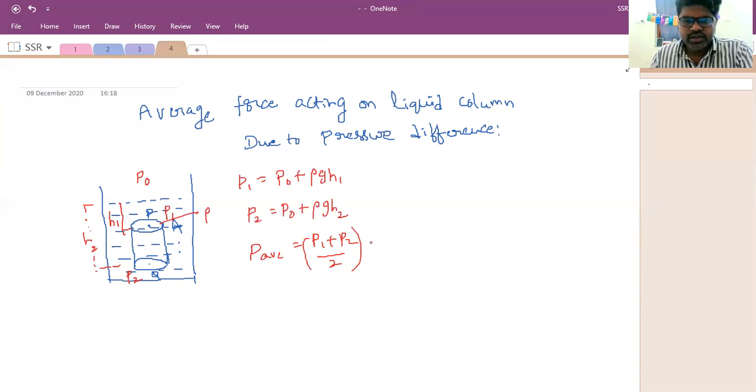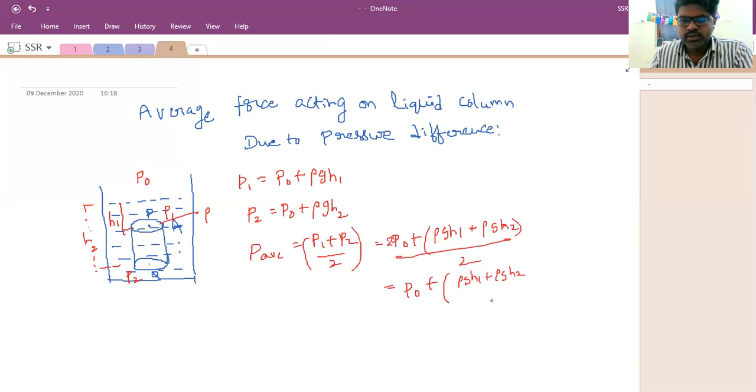P average is equal to P0 plus rho G H1, plus P0 plus rho G H2, by 2. That is 2 P0 by 2, which is P0, plus rho G (H1 plus H2) by 2.